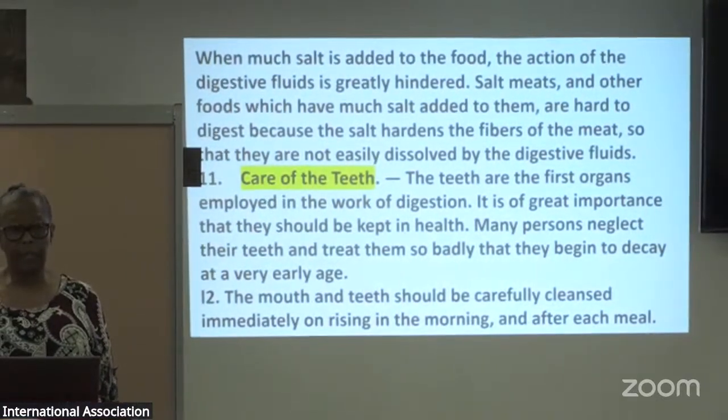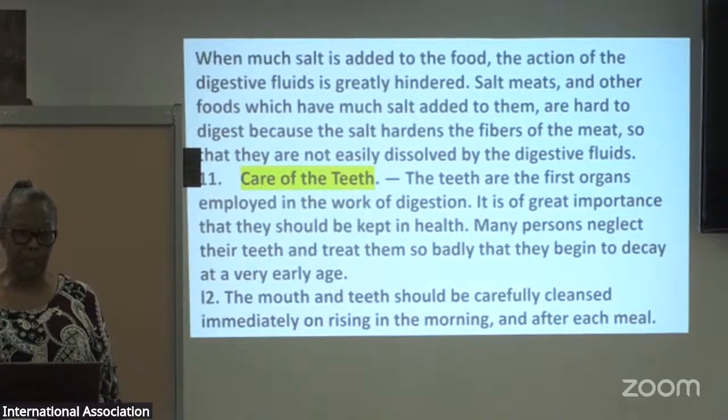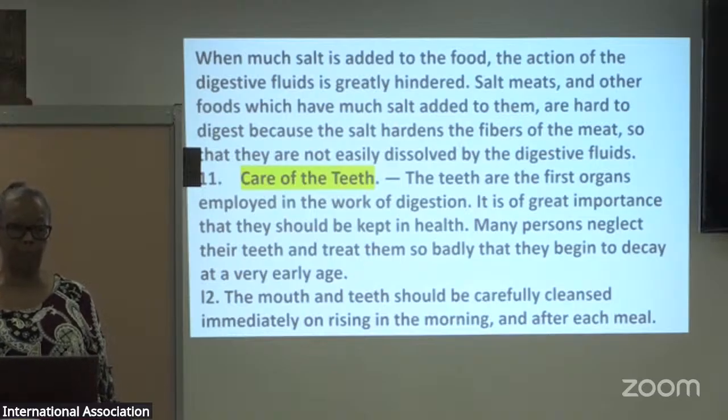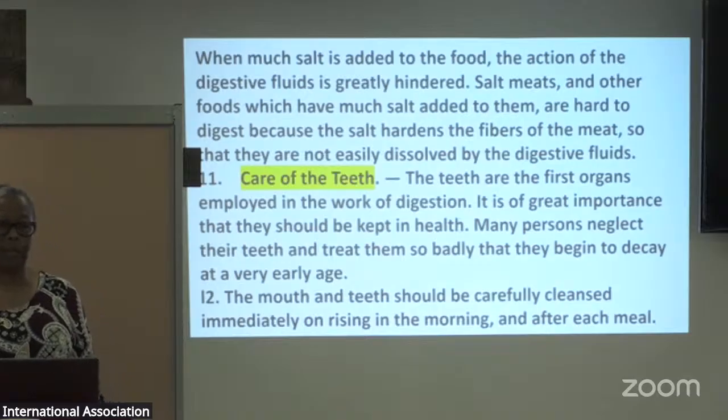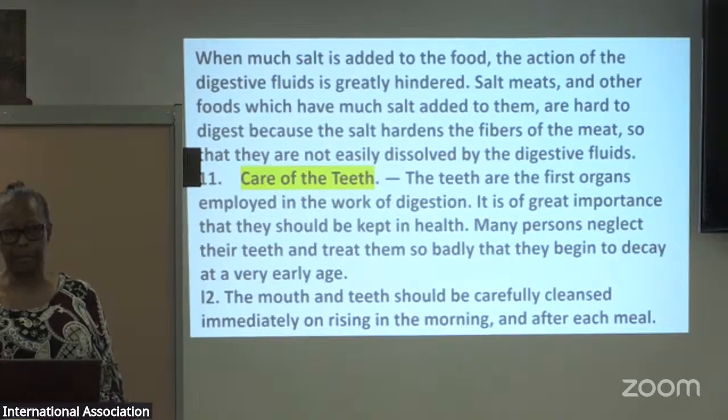So meat, which we are not supposed to eat, they use a lot of salt in that, and it hardens it, and it makes it hard for our stomach to digest. So our vegan diet, our nuts, grains, vegetables, which the Lord has given us to use, is the best kind of food.